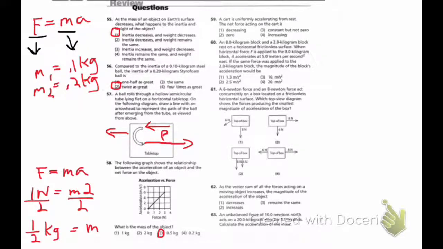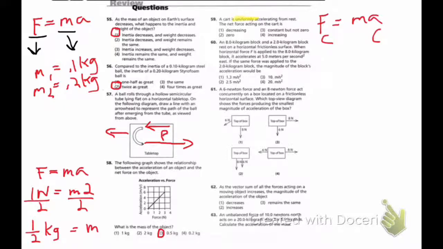Alright, question number 59 reads, a car is uniformly accelerating from rest. The net force acting on the car is, well, according to Newton's second law, F equals ma. If the acceleration is uniform, we'll highlight uniform, which means it's constant. The force has to also be constant.